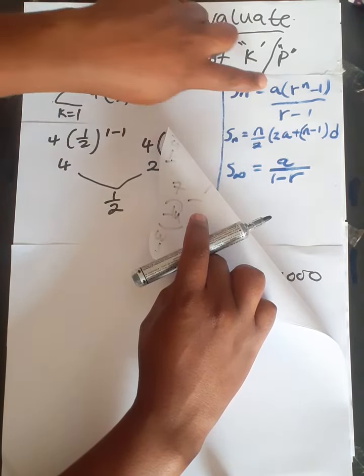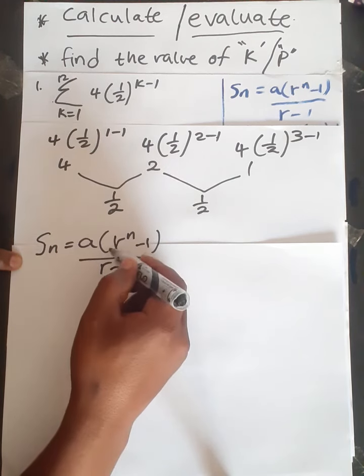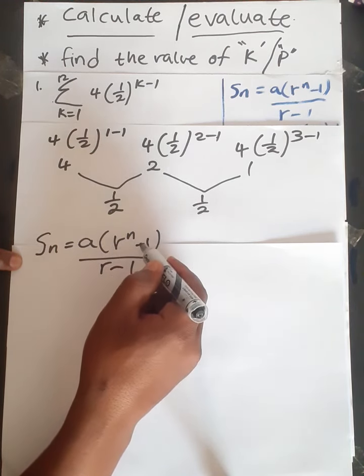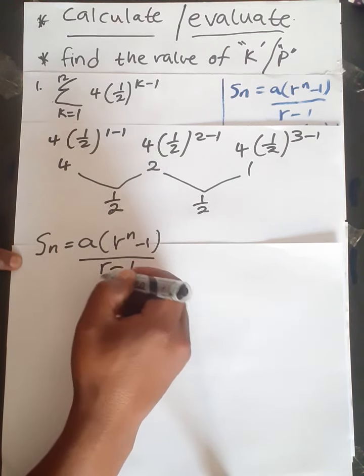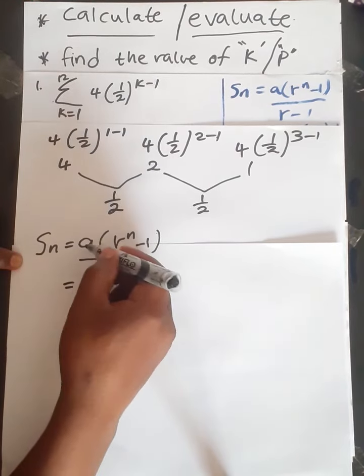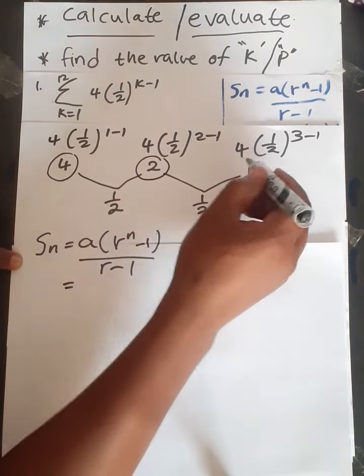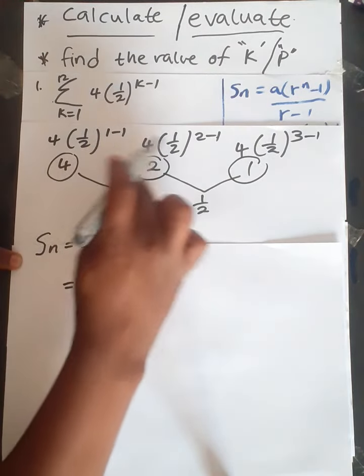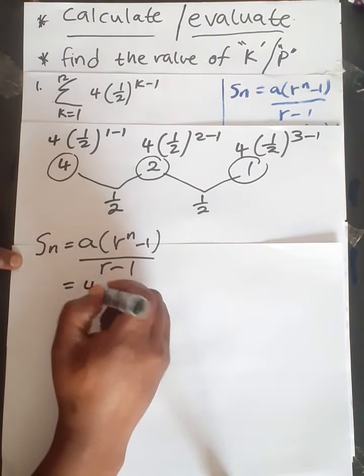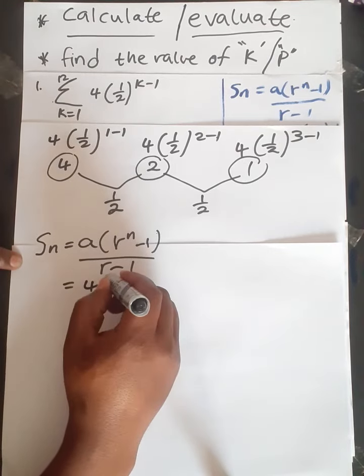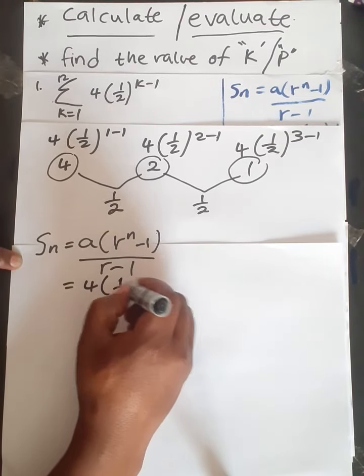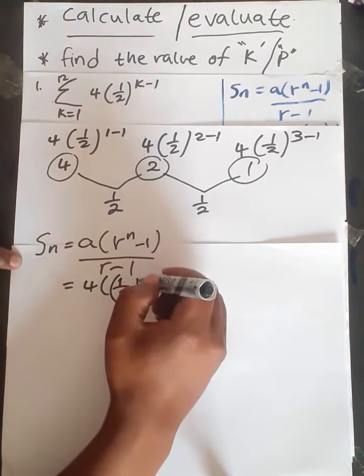There is also another formula: a times 1 minus r raised by n, divided by 1 minus r. So what is our first term? The first term in our sequence is 4, then 2, then 1. So a is the first term which is 4, and r is 1 over 2.